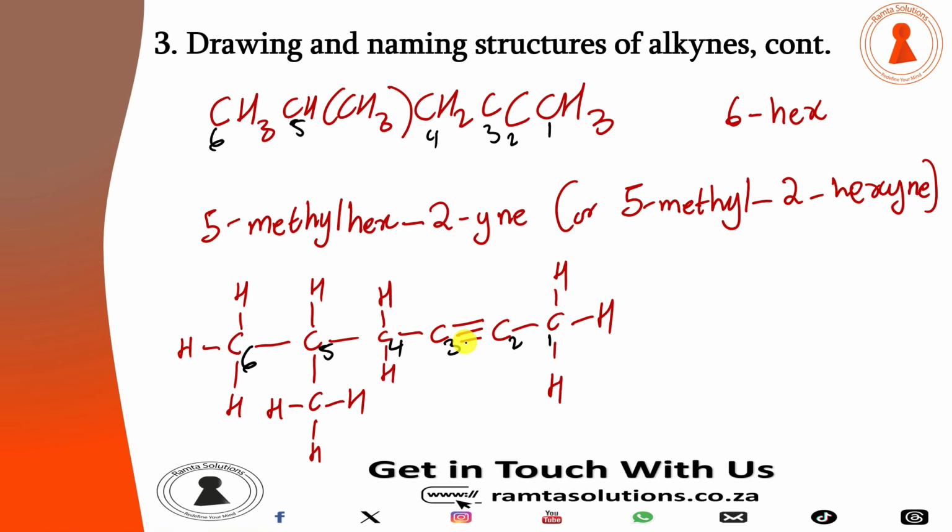It is the end from the right that is nearest the triple bond, not the end on the left. Look at where the triple bond is from the left: on carbon number 4. And that is not how we name this. We said you start numbering with the end nearest the triple bond.